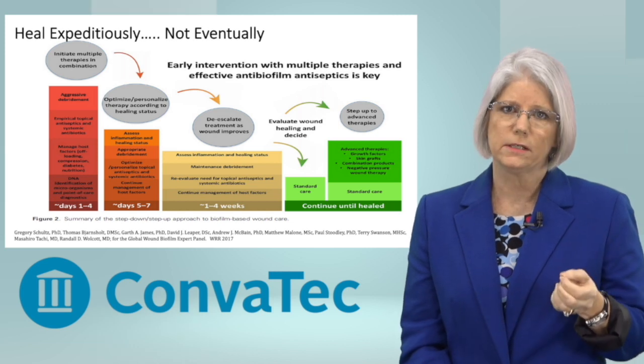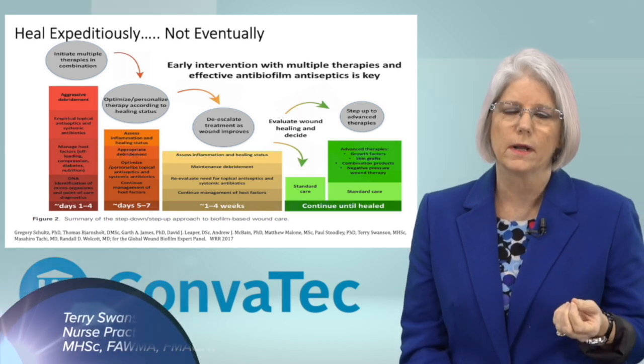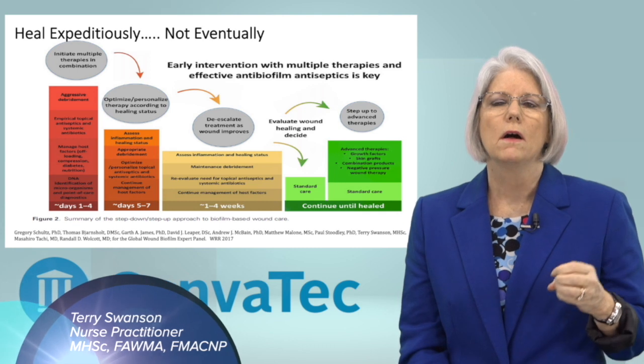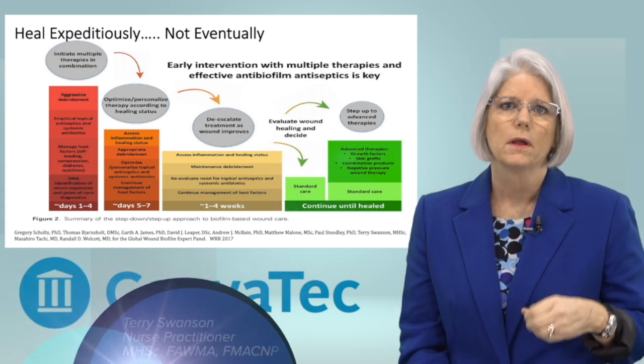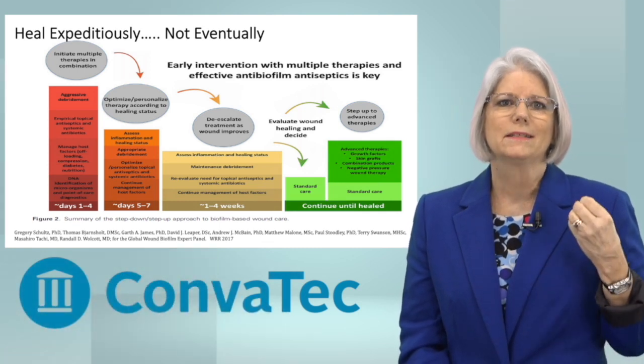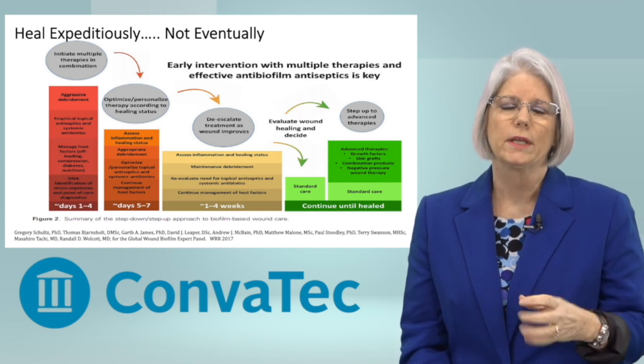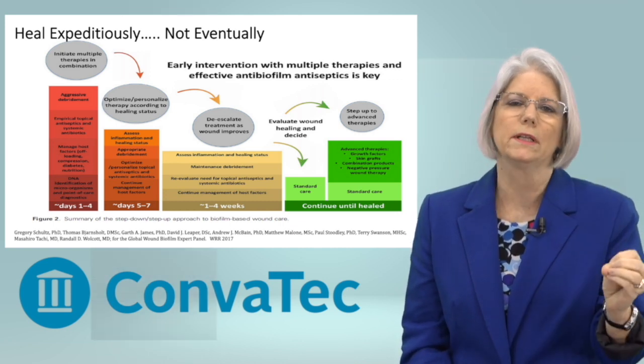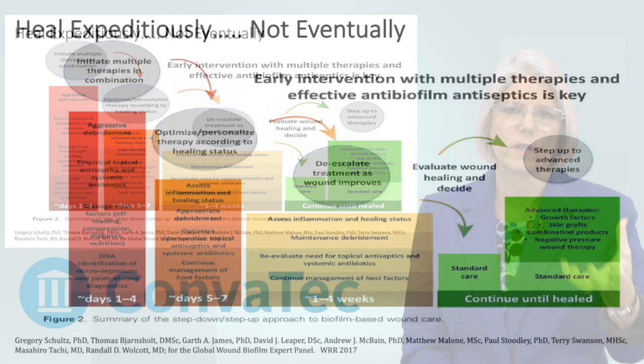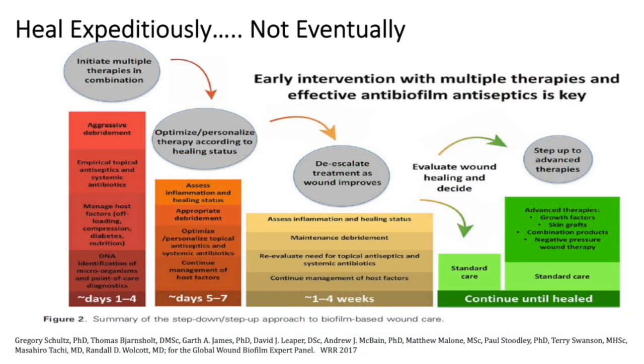Now, you've seen this slide before, and it's the paradigm of the step down, step up thinking. It's about healing expeditiously and not eventually. So this is being really proactive and aggressive with the management from day one.